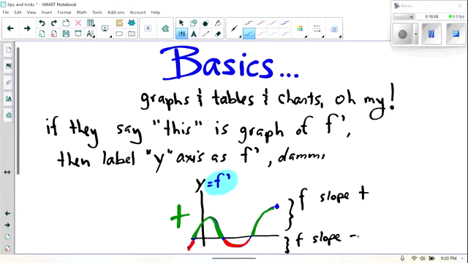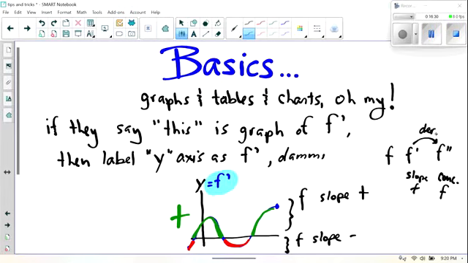And I don't know if I said this or not earlier, but you have f. F prime is the slope of f, and f double prime is the concavity of f, the original. But you see how this is only one derivative away?